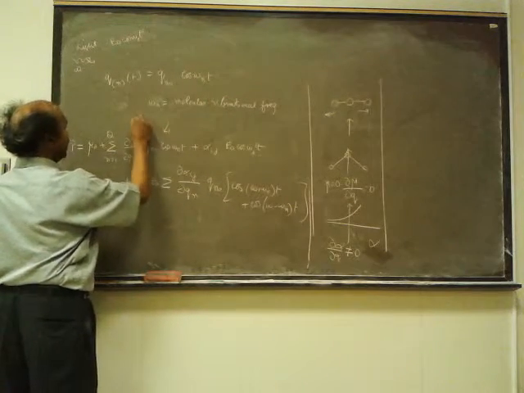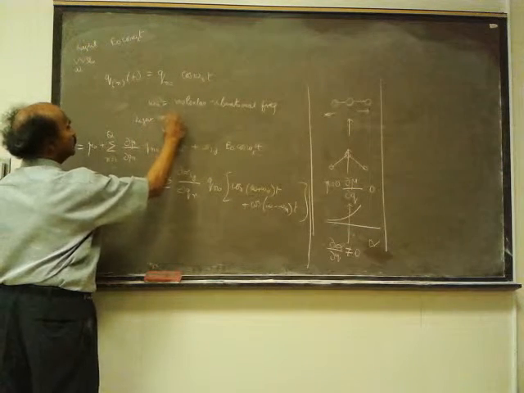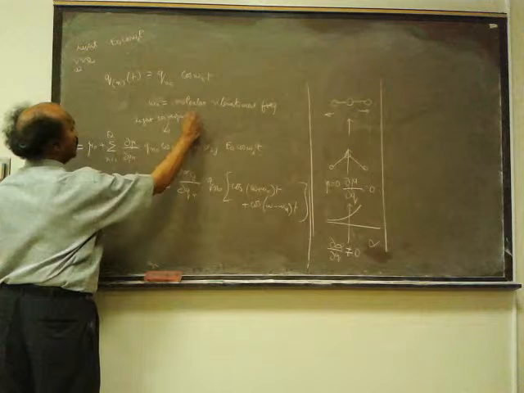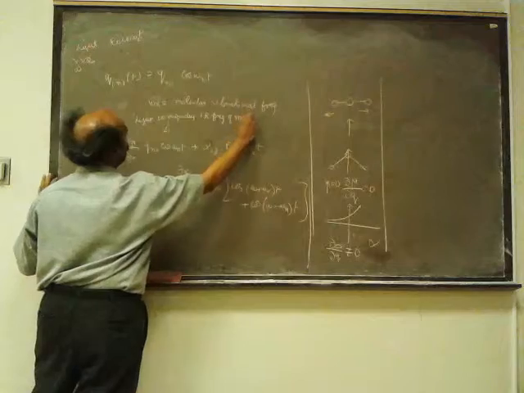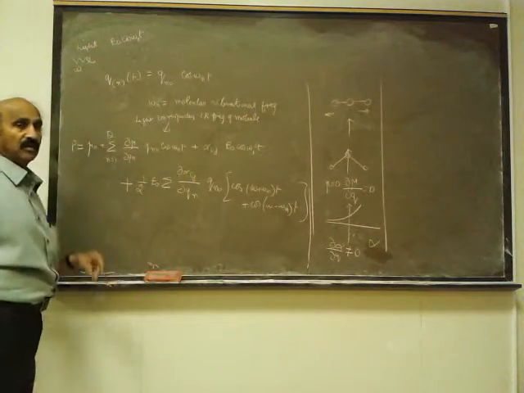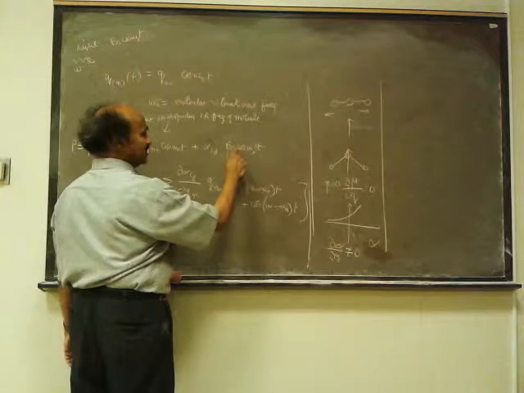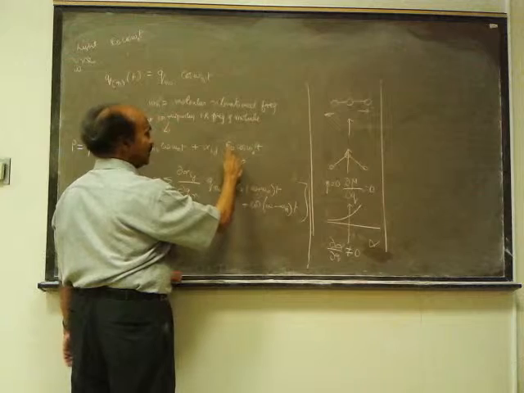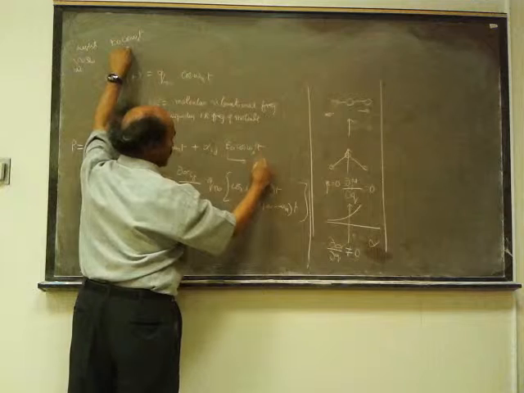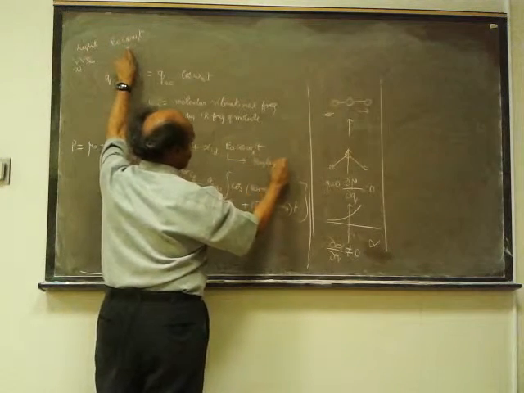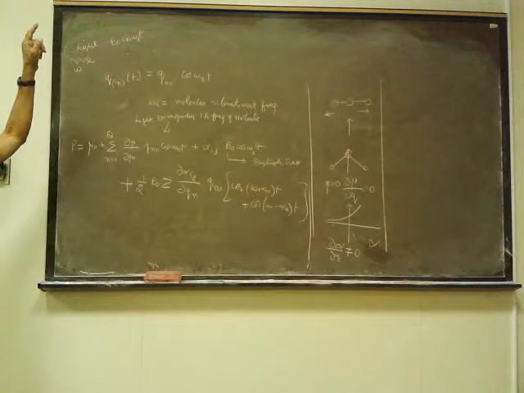This represents the light which has the same frequency as the incident light. This is called Rayleigh scattering. There is no change in wavelength or frequency.